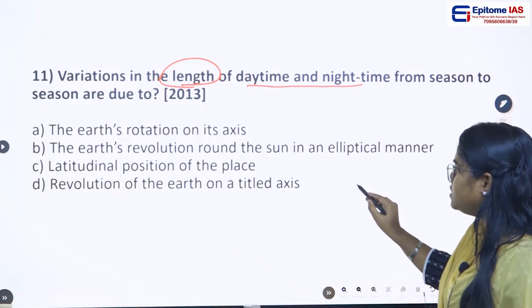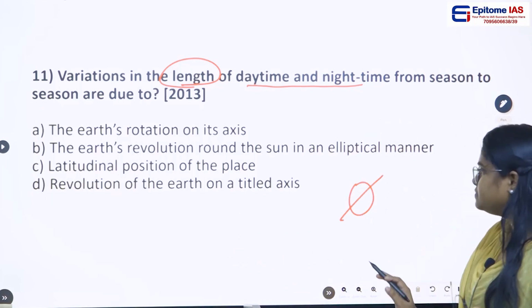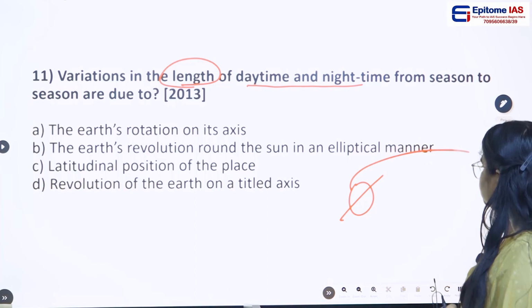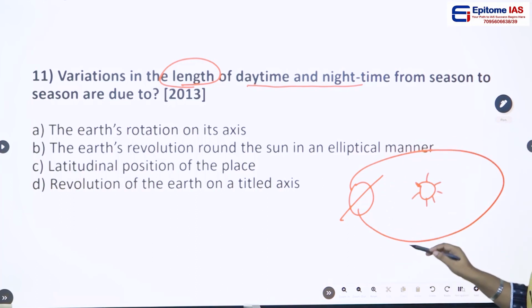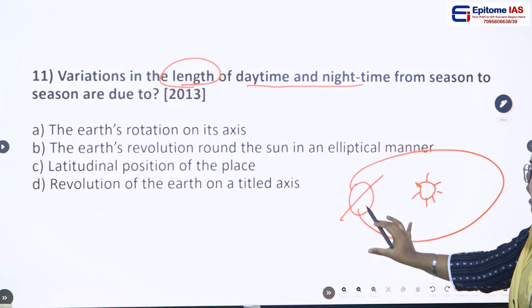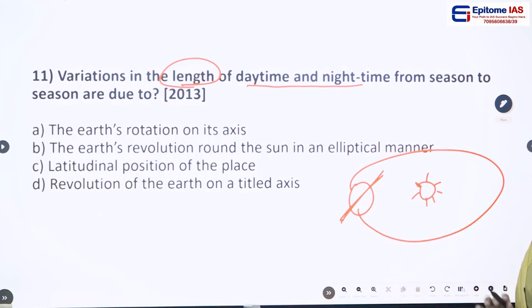Let's say the Earth is tilted, we know this, and there is a revolution. This is the Sun, and the Earth is revolving around the Sun. So this revolution along with the tilted axis causes the variation in the length of day and night.